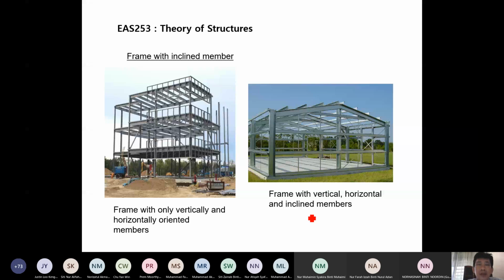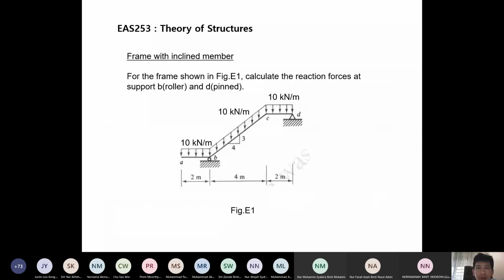Now, as a start, this is the thing that I would like you to look at. This is a frame where it consists of one horizontal member here, simply supported here at point D. There is a load of 10 kN per meter UDL acting along C to D with 2 meter.